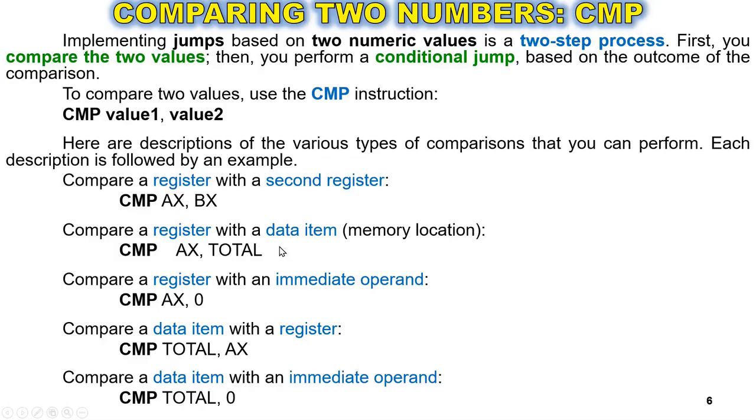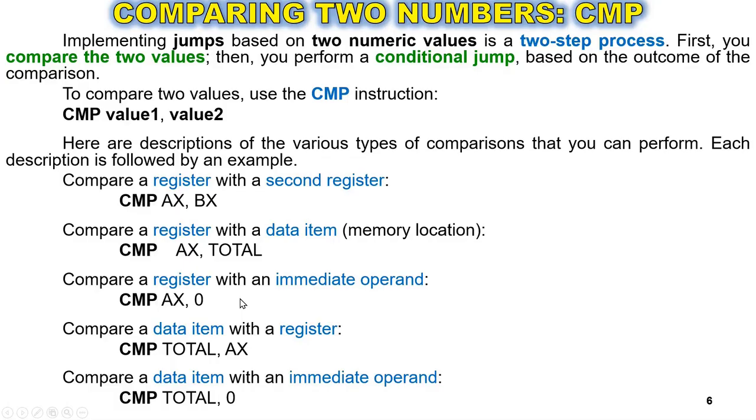Another way to compare is that we can compare a register with a memory variable or a data item. For example, compare AX with the memory variable declared as total. As long as this variable total is declared as a defined word, which is 16 bits, it will successfully compare with the 16-bit register AX.